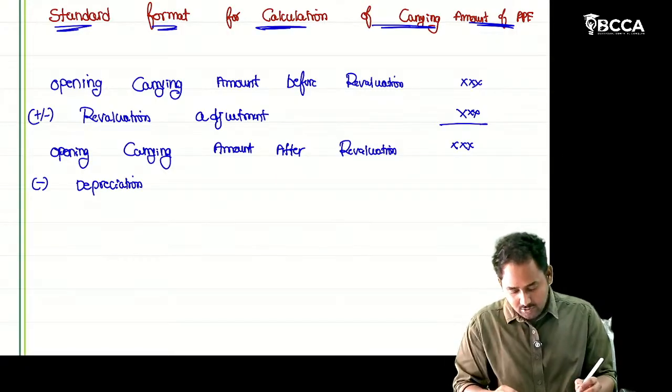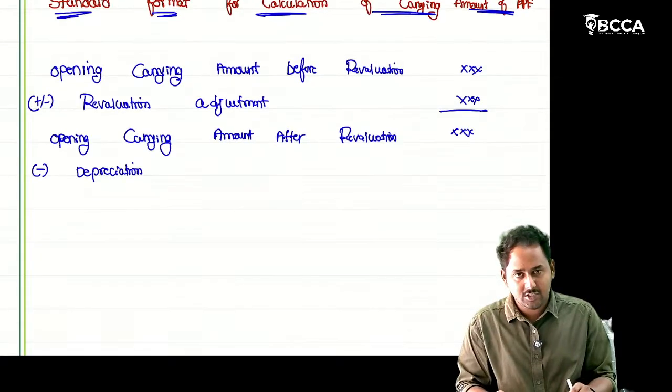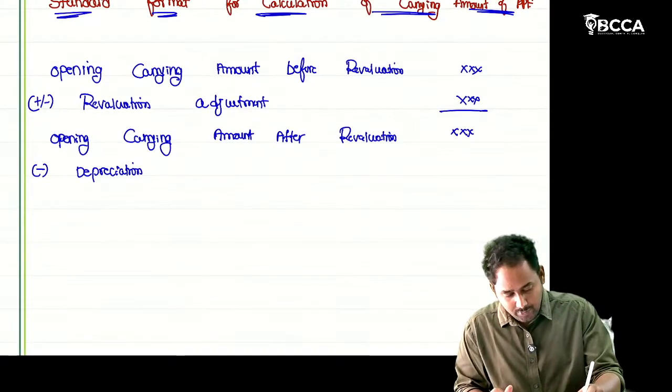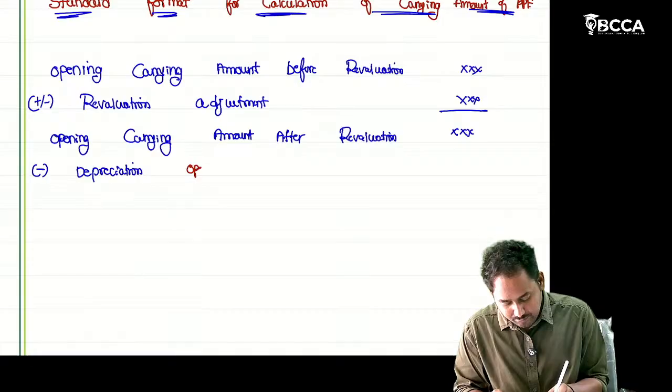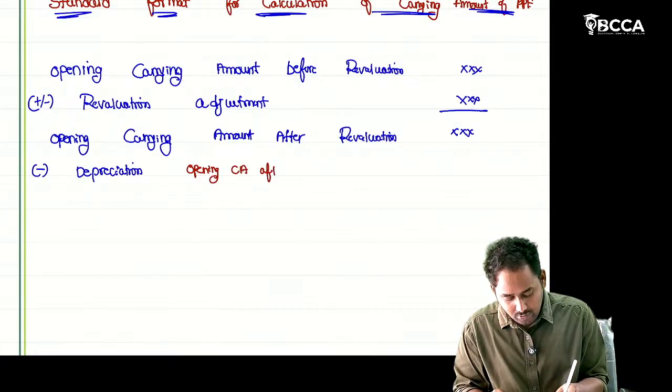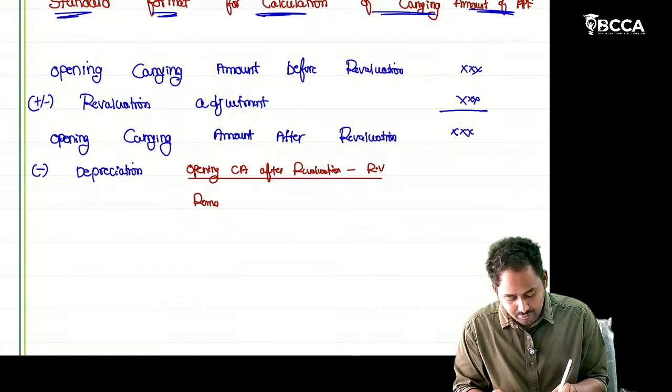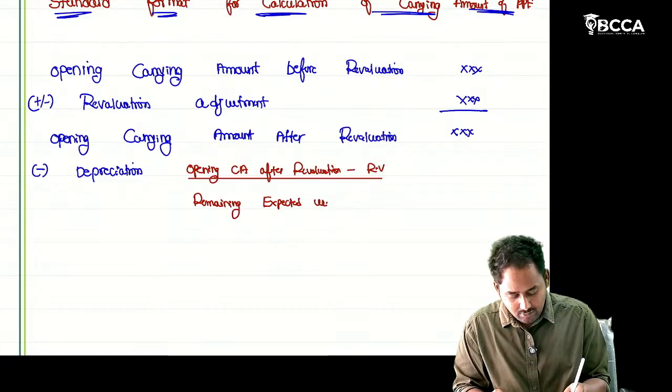What is the depreciation? The formula for depreciation under the SLM method is opening carrying amount after revaluation minus residual value, divided by remaining expected useful life.